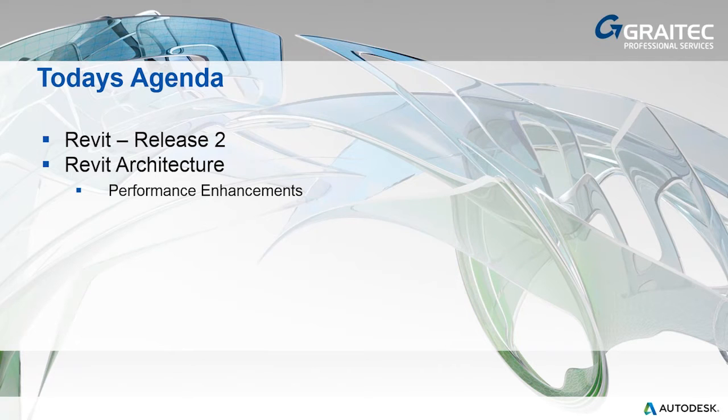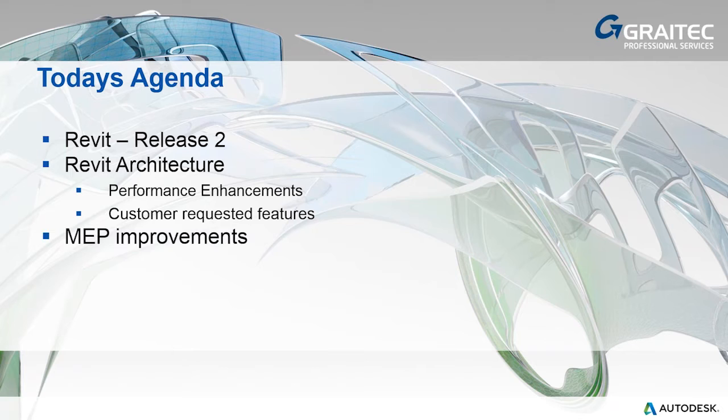There are a lot of enhancements that are specifically customer requested features, so we'll be highlighting those as we go through today. Some of these improvements are specifically for the mechanical, electrical, and piping people. And also, I will run through how you actually get this Release 2.